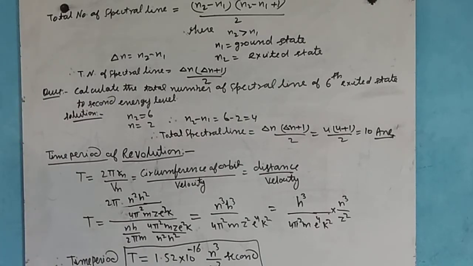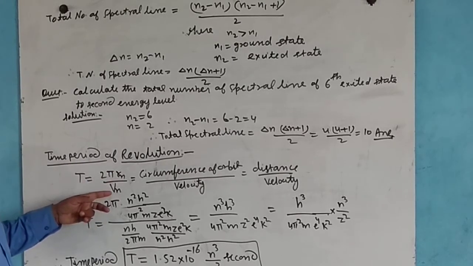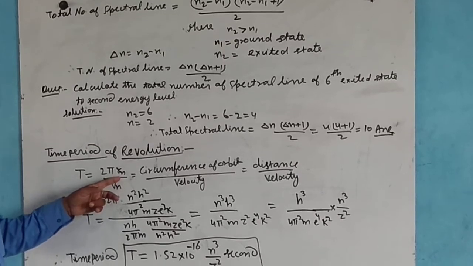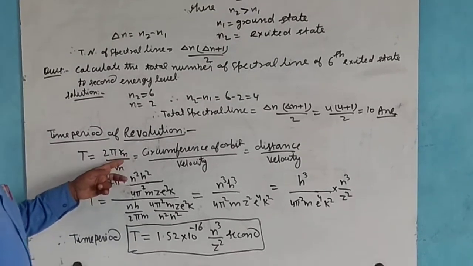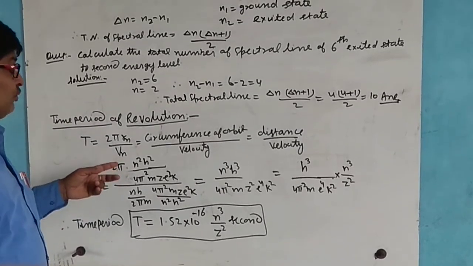Now when the electron revolves around the nucleus in the orbit, the time period is calculated: time period equals 2 pi r by Vn. Here Vn and Rn mean the nth orbit, first, second, third, fourth and so on.